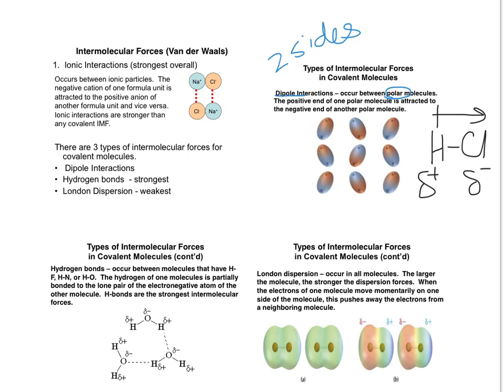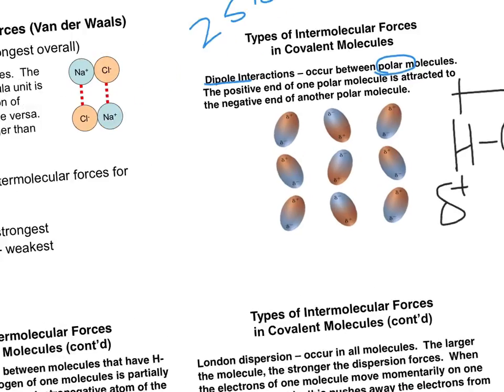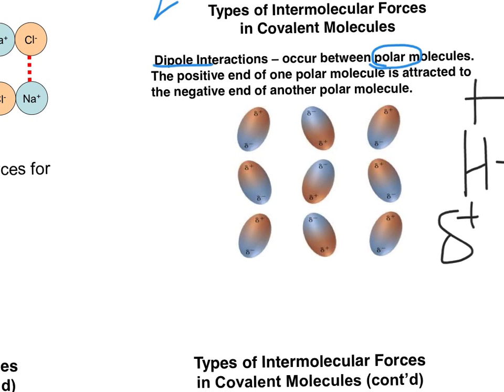So if you look at this picture here, in this case, the partial positives, let's say this is HCl, so that would be HCl right here. We'll just label a few of them. And so let's take a look, for example, at this hydrogen right here. This is partially positive.